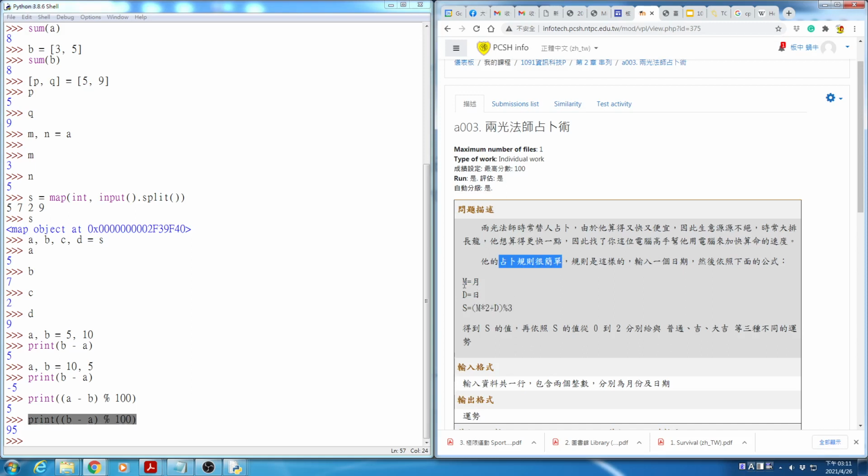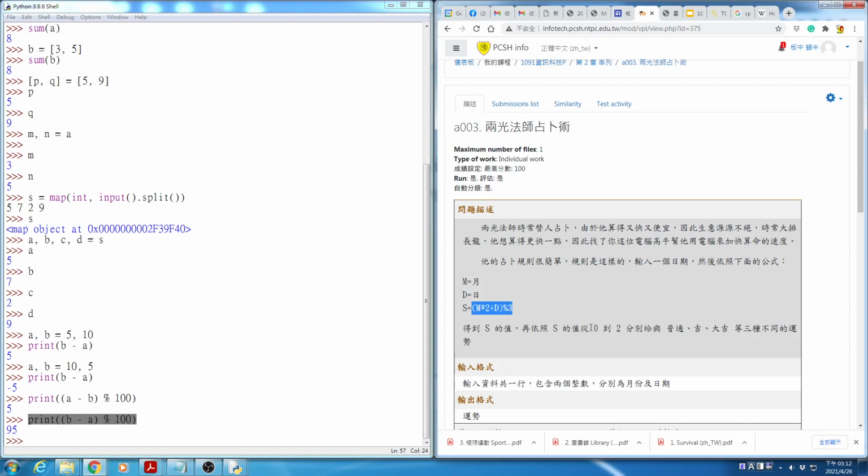He will ask for his customers' birth month and birthday, all right? And then he will get the value of S with this formula: M times 2 plus D, divided by 3, get the remainder. Any question?